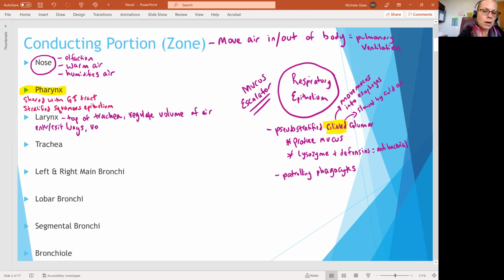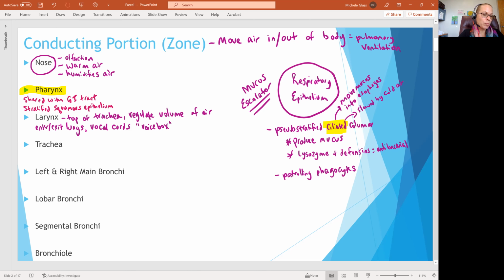And we'll also see our vocal cords are located here. So this is what people will think of as the voice box. So when we talk about the respiratory tract being important in production of sound, it's this particular structure. We'll take a look at our models in just a few minutes to label the larynx.